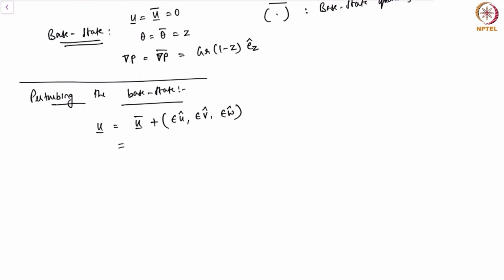But we know that the mean is 0. So essentially my velocity field now is only the perturbation, that is u hat, v hat and w hat. Remember, u hat, v hat, w hat are the scalar components of the perturbation.